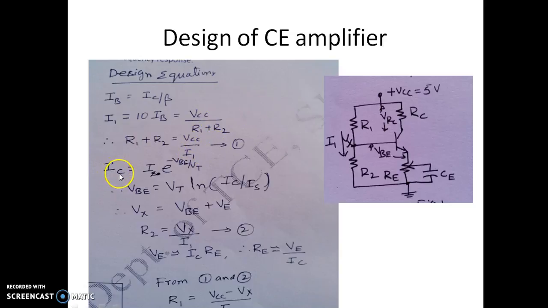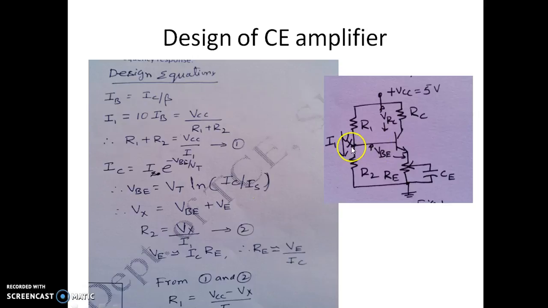We know the expression for collector current in terms of the reverse saturation current, the base emitter voltage and the thermal voltage. This equation can be rewritten as VBE equal to VT into ln of IC by IS, where IS is the reverse saturation current, which will be very small in quantity.